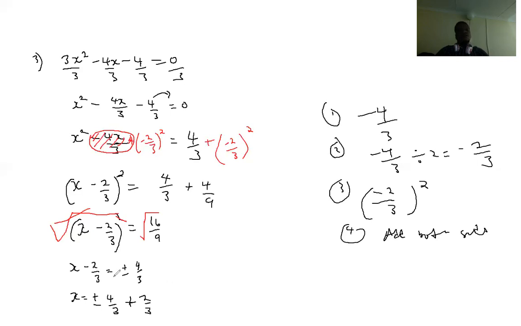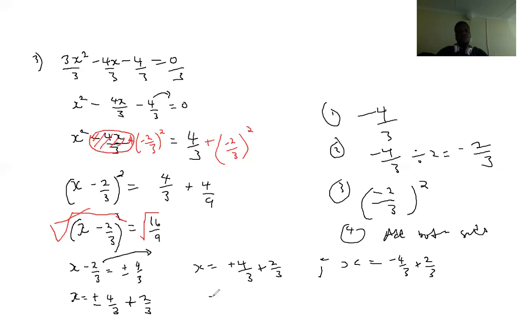When you take this one here, it becomes a positive. Your first solution, you take the positive sign, so it's plus 4/3 plus 2/3. The next one is going to be x is equal to negative 4/3 plus 2/3.